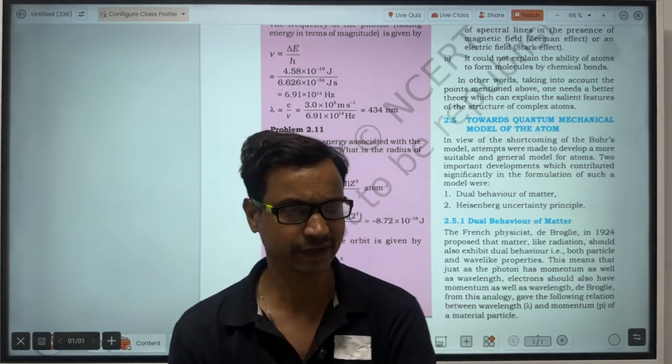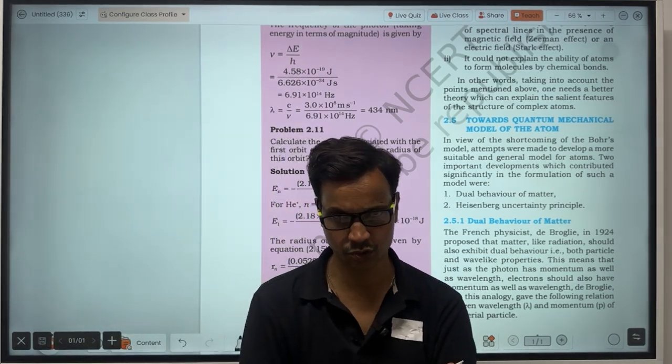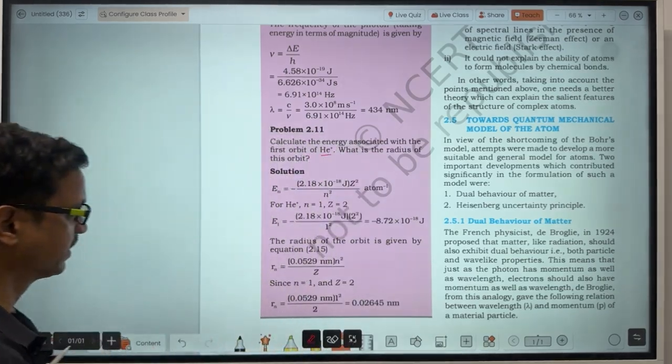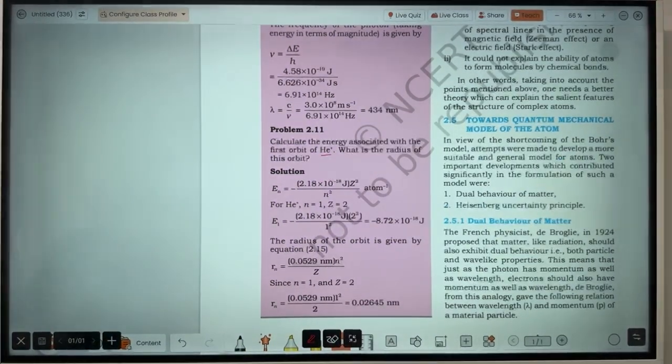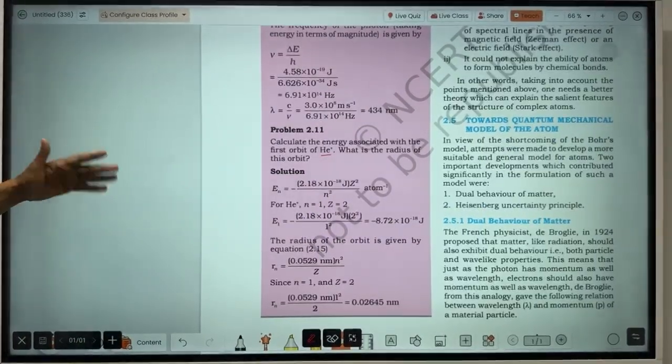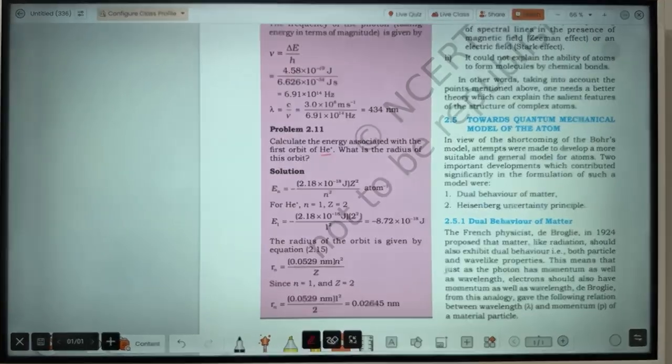Here, for He plus, the atomic number is 2. So the energy of the hydrogen electron multiplied by 4 will be the energy of He plus.